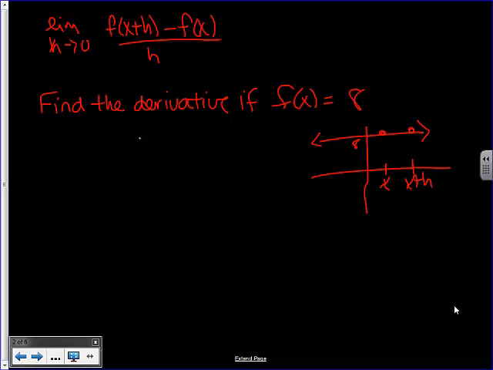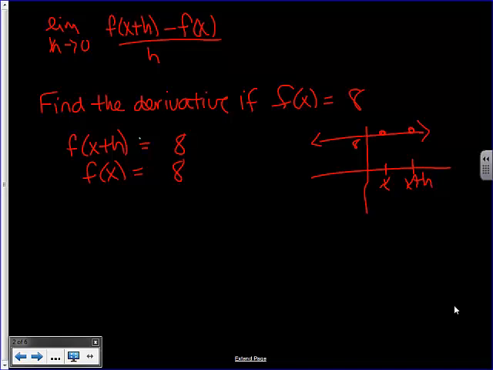They're both going to be 8. So plugging it in, f of x plus h, at x plus h, I'm still at 8 because this is a horizontal line. And then f of x, again, is 8.